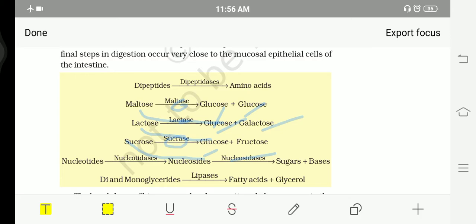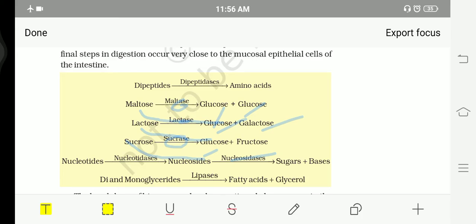So here the carboxypeptidase converts the proteases and peptones into polypeptides, tripeptides and dipeptides. Once again I am going to repeat: carboxypeptidase converts the proteases and peptones into polypeptides, tripeptides and dipeptides.